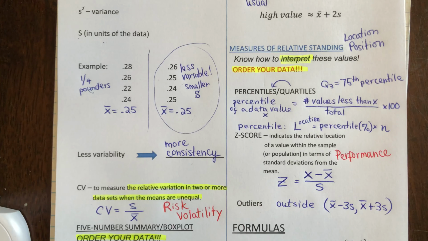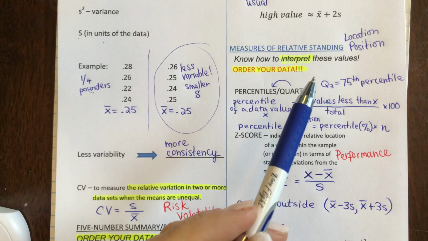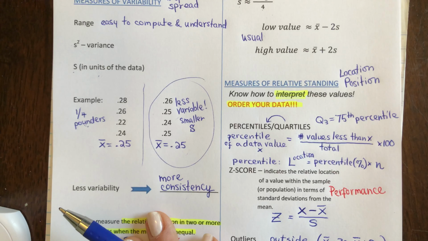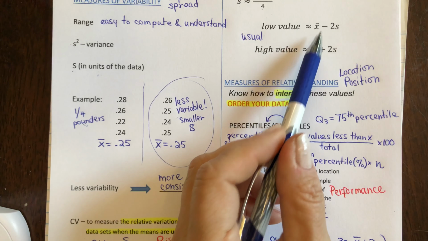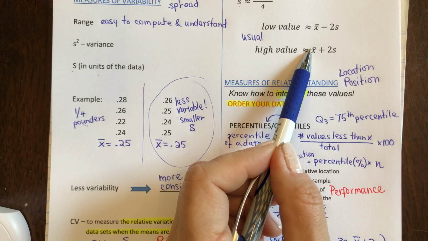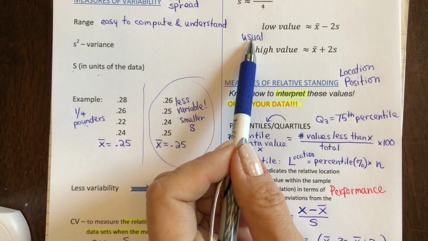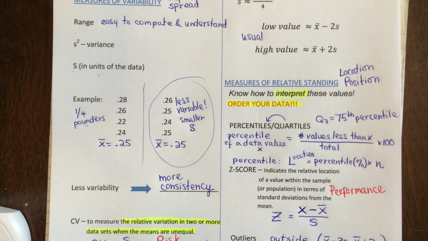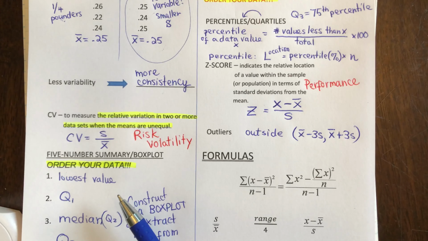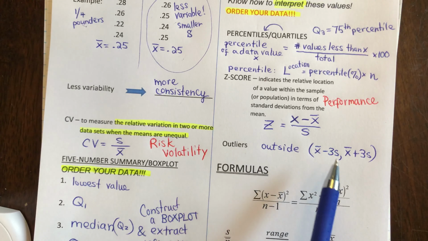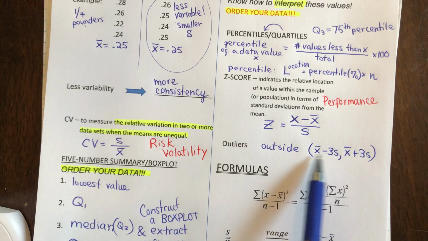So again, we've done this kind of twice. Up at the top here, we talked about a value being usual if it's within 2 standard deviations of the mean and unusual if it's outside of that. But again, outliers are going to come from being more than 3 standard deviations from the mean.